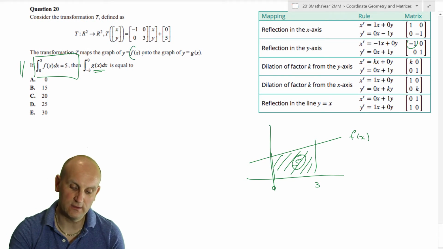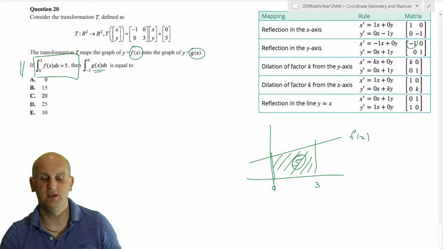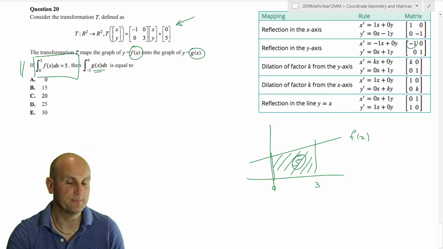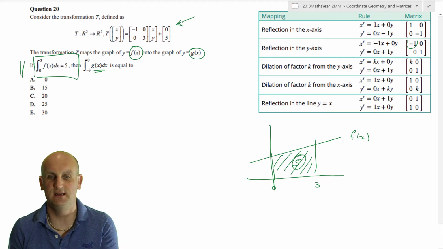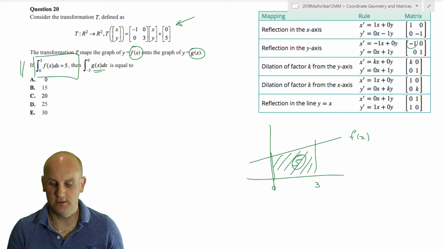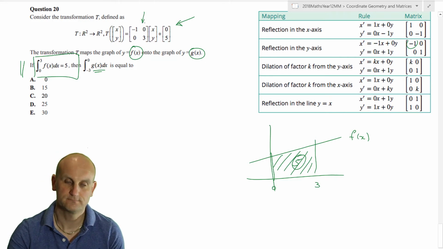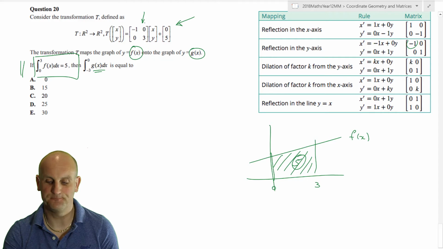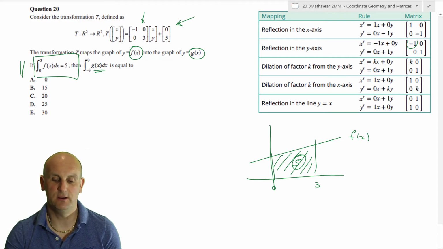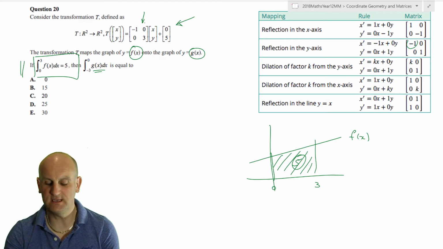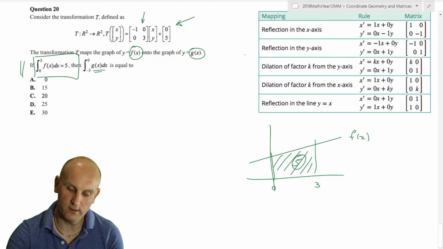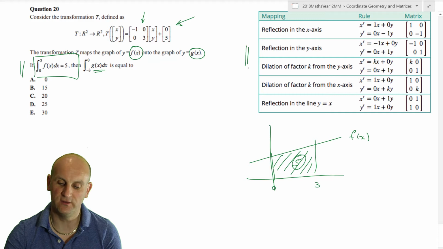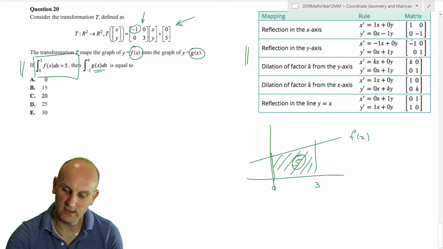Well, as it turns out, function of x maps onto g of x using this thing here. Now, it's slightly different from the previous questions because I don't have any function to substitute it into. So what I now need to do is work out, well, what does that notation mean? What does -1, 0, 0, 3 mean? Where does it come from? Well, by the looks of things, using my table here, there is only one transformation that has a -1 sign here, and that's one there.